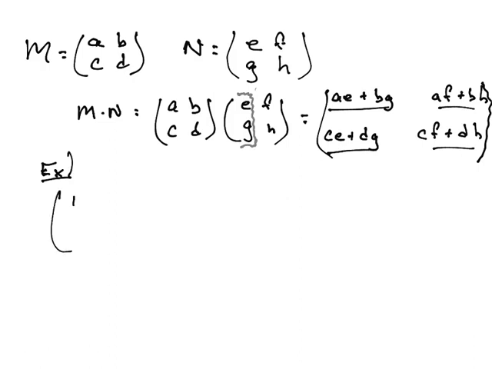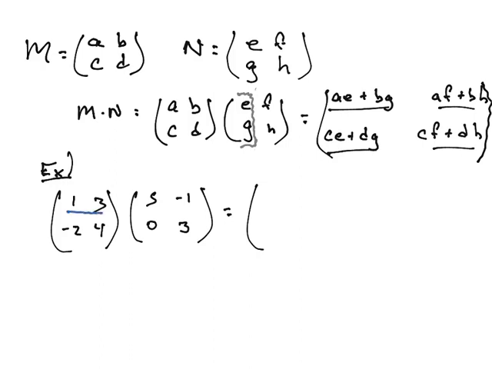Let's say we want to multiply 1, 3, negative 2, 4 times 5, negative 1, 0, and 3. So what are we going to get? Okay. So we start with the top row of our left side matrix times the left column. So it's like this row times that column.